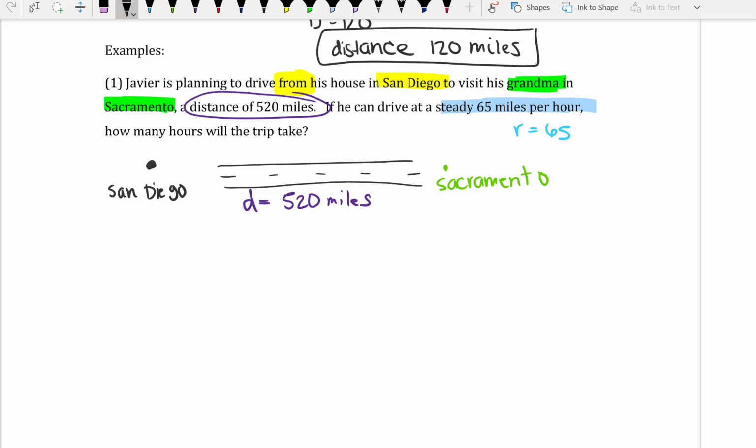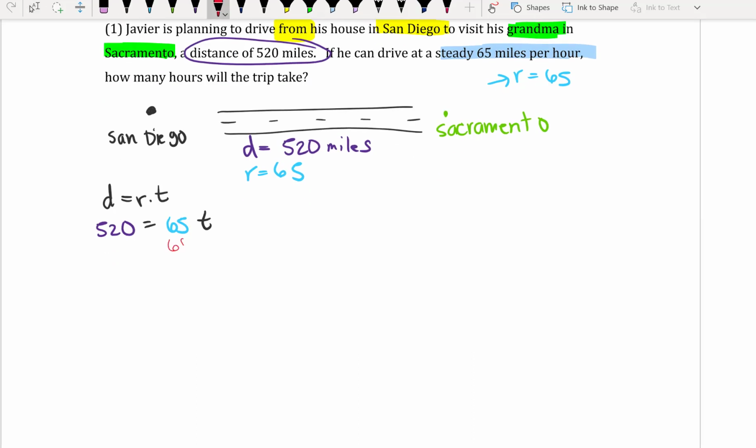So you know that you're looking at your distance is equal to rate times time. So the distance that you have is 520. The rate that you had, remember, was 65. And the time is what you're trying to figure out. So to get the time by itself, I'm going to divide both sides by 65.